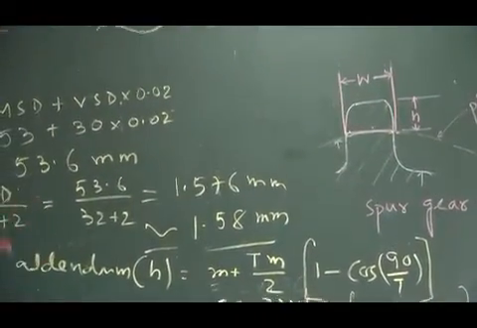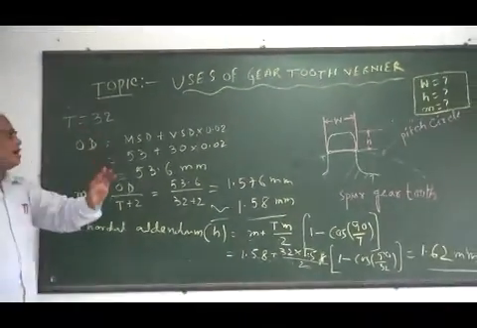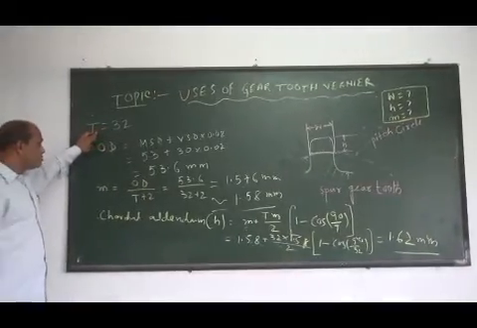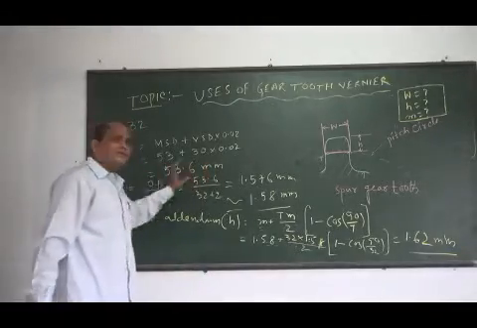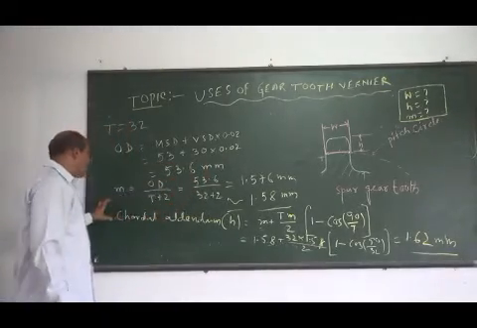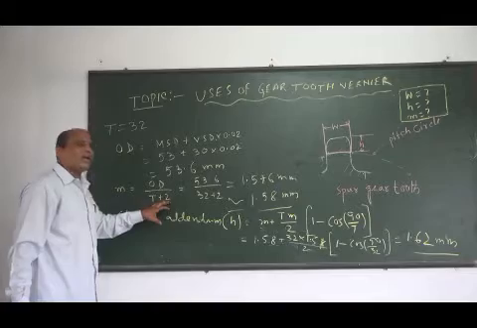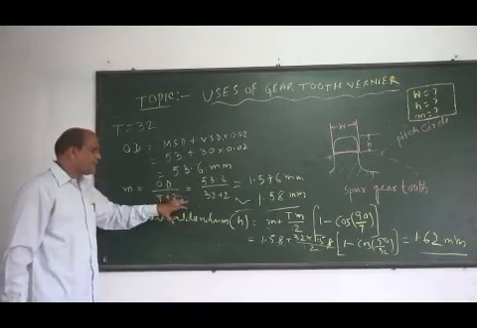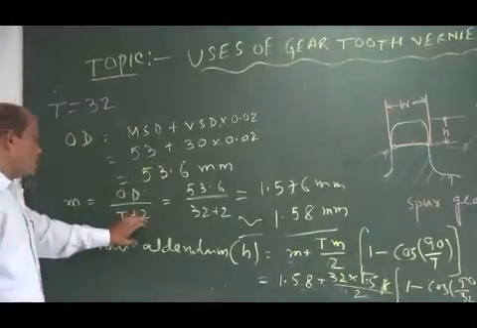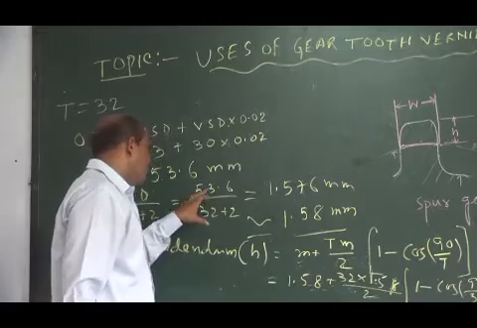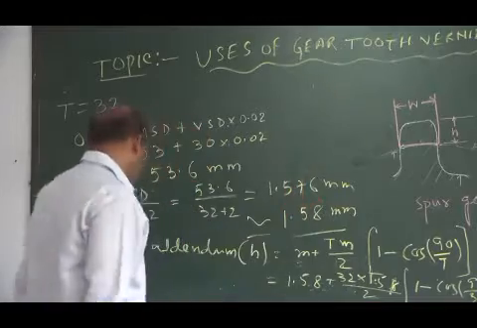So up to this we can find out first number of teeth, that is 32. Then outside diameter with the vernier caliper we can find out, that is 53.6, and module, that is outside diameter divided by number of teeth plus 2 for considering consistency between the tooth space, that is taken as 2, and it is equal to 1.576 equivalent to 1.58 millimeter.